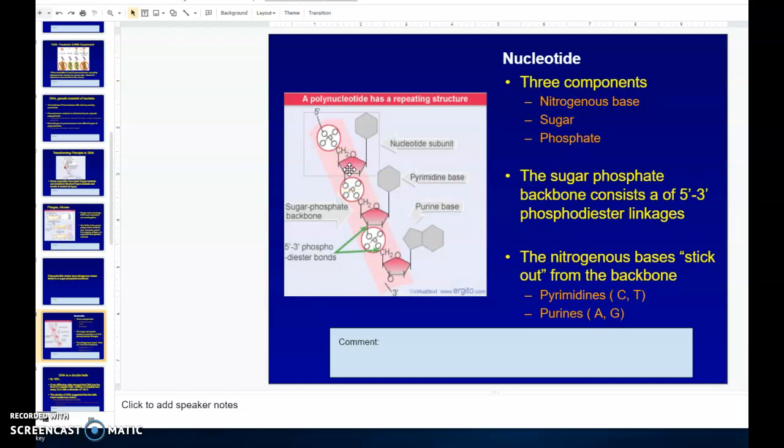Here's the sugar, here's the phosphate. So it zigzags in and out down the molecule. It's not just sugar, phosphate, sugar, phosphate in a straight row going down. They zigzag back and forth, and that's just because of where the bonding sites are.